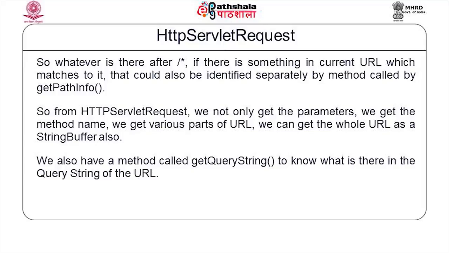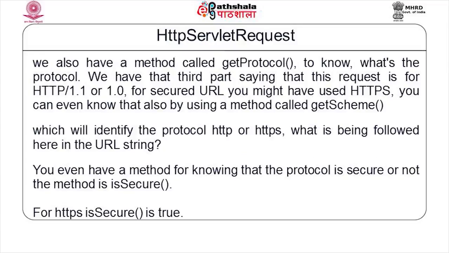So, if we have an HttpServletRequest, we can not only get the parameters, which is anyway from the super interface, but we can get the method name, we can get the whole URL as a StringBuffer, and we can get the various parts of the URL: the part identifying the application name, the part which identified the servlet, and the additional path if it is there.